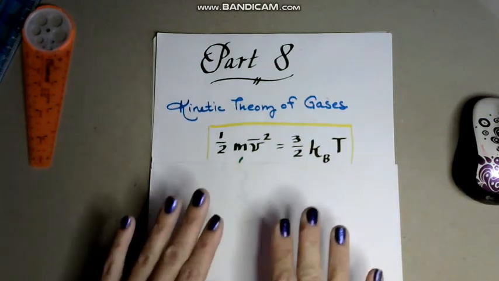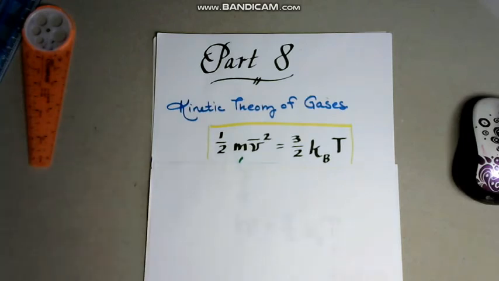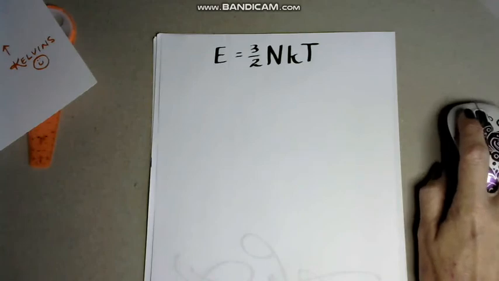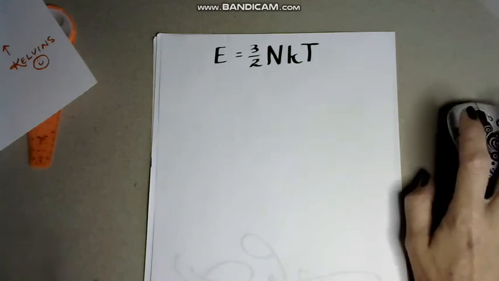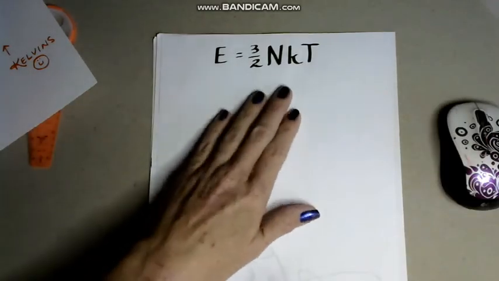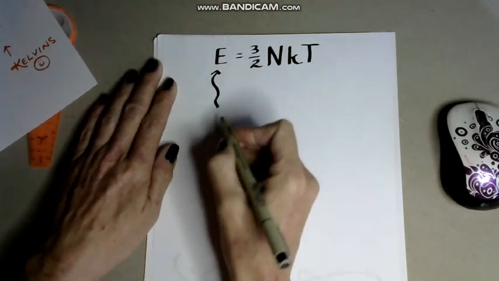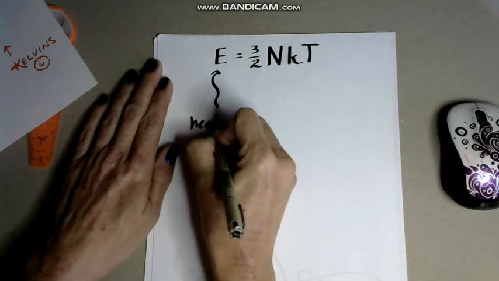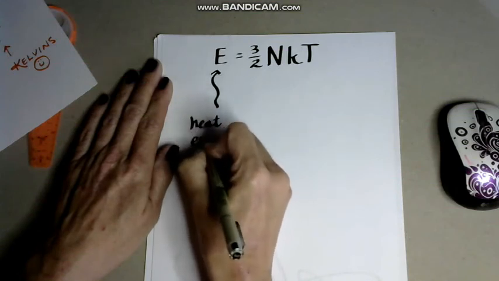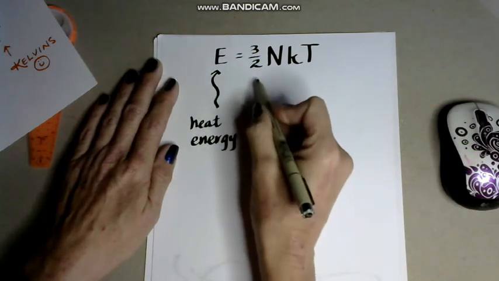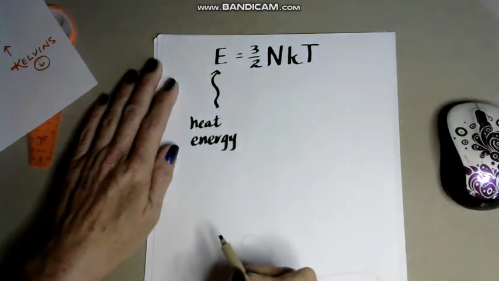I'm going to break this down a little further for you. That equation will simmer down into this, which becomes your heat energy E is equal to 3/2 NkT.